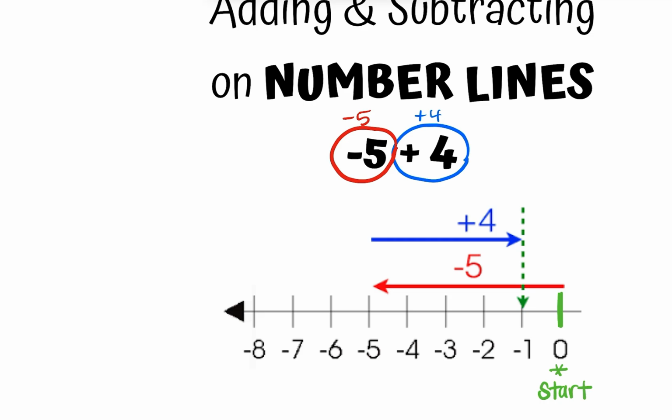And one of the other big things that you need to remember is that order matters, okay? Order matters. So you can clearly see, what's my first number? -5. So from that starting 0, I need to move -5 hops, okay? So not only are we moving to the negative side of the number line, but we are moving 5 hops, okay?